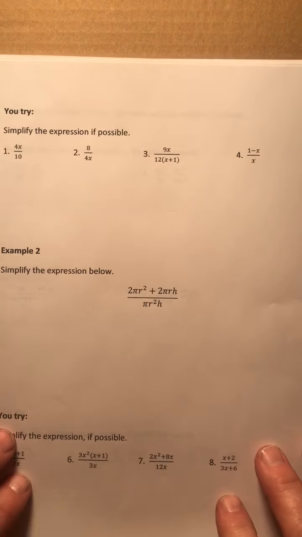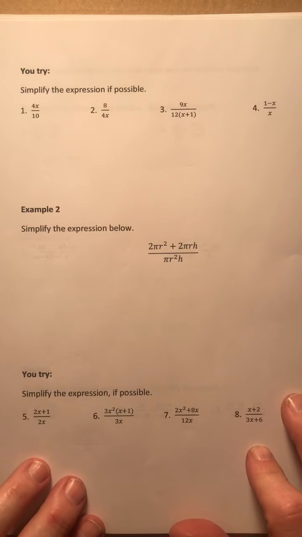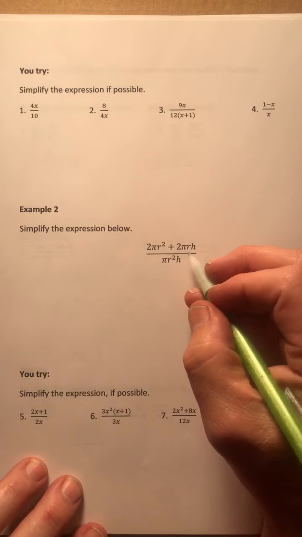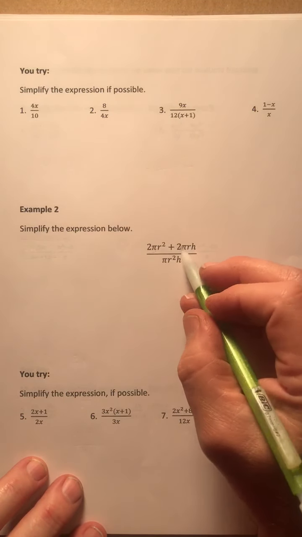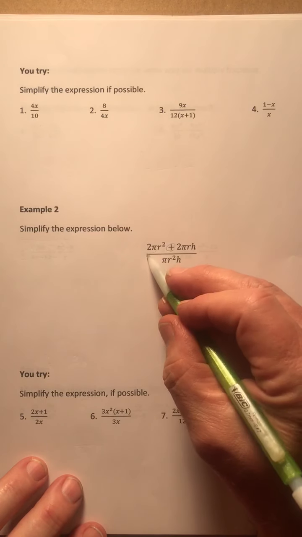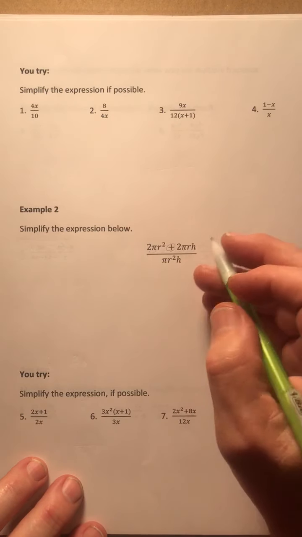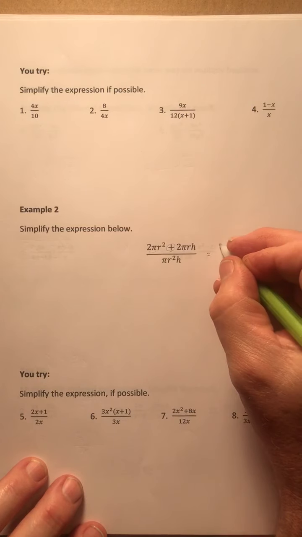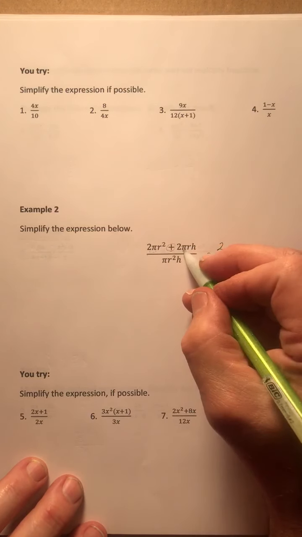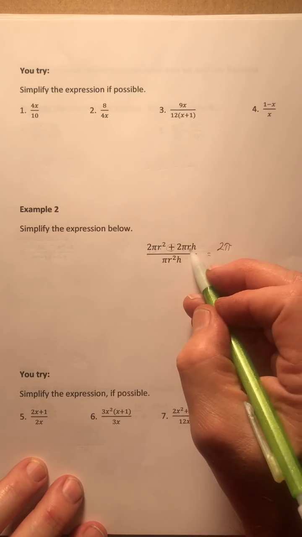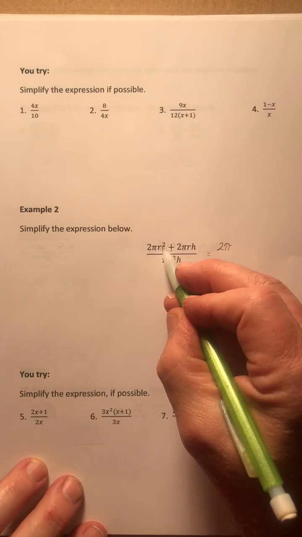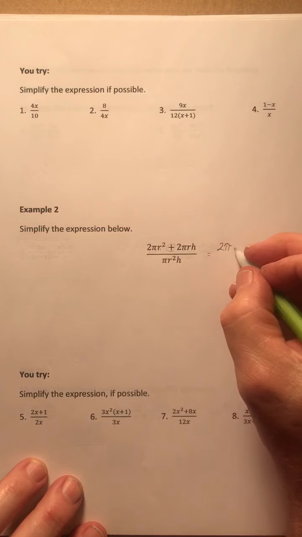All right, example 2. So what can we factor out of this top? Because we have a plus sign, we have to try to factor something out of it. Well, they both have a 2, so we can factor that out. They both have a pi, so we can factor that out. Both of them have at least one r. This one has 2, so we can factor out 1 r.